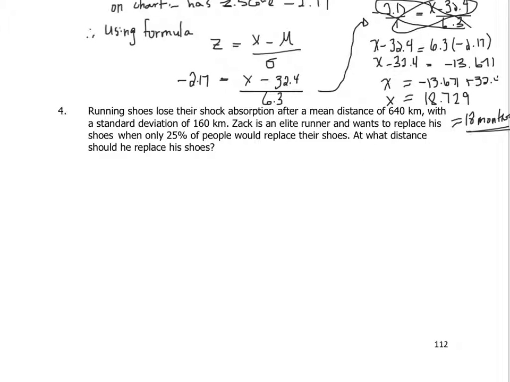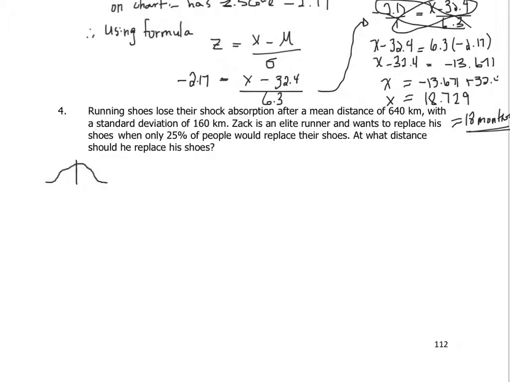He wants to replace his shoes when only 25% of people would replace their shoes. So if you think about that for a minute, if Zach is an elite runner and the mean is 640, you would think he probably wants to replace his shoes before 640 kilometers.